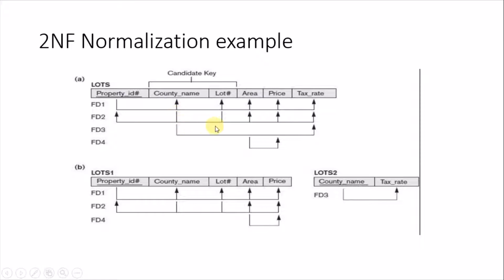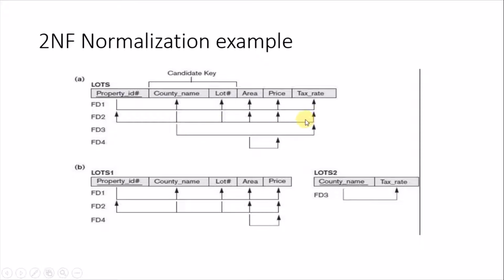The third functional dependency, FD3, is from county name to tax rate. And we have a fourth functional dependency, FD4, from area to price: area functionally determines price. So what is the problem here?